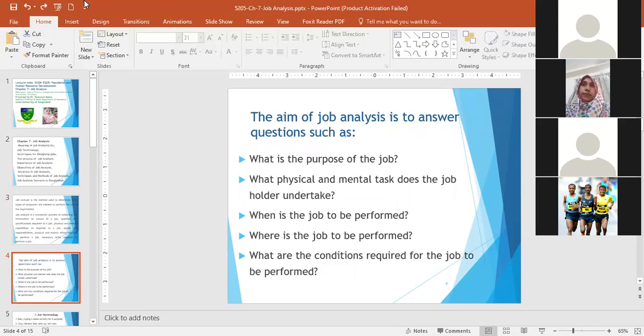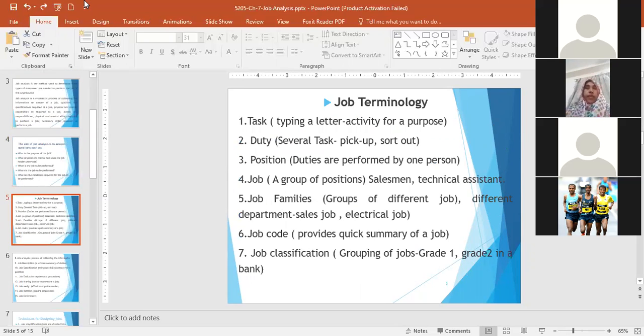Clear? Clear. And then the job terminology. Here we have to be careful to understand all types of job terminology. First one is task, for example typing a letter, an activity with a purpose.